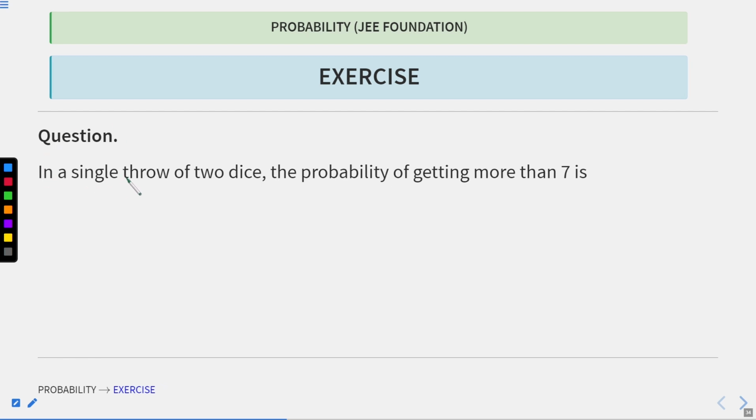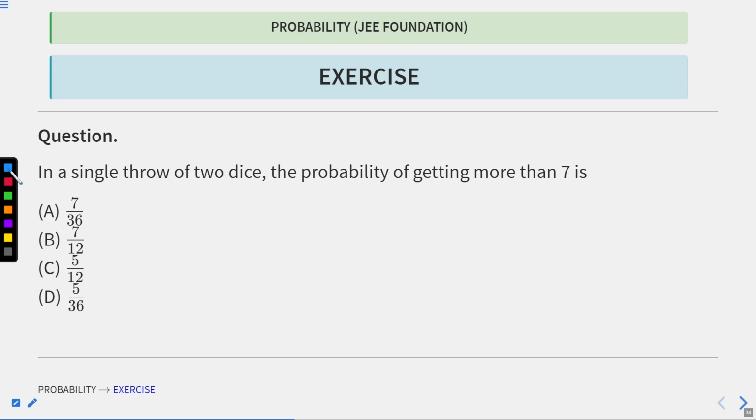In a single throw of 2 dice, so we are throwing 2 dice, what is the probability of getting more than 7? So we are talking about the probability of getting more than 7 in a single throw of 2 dice.